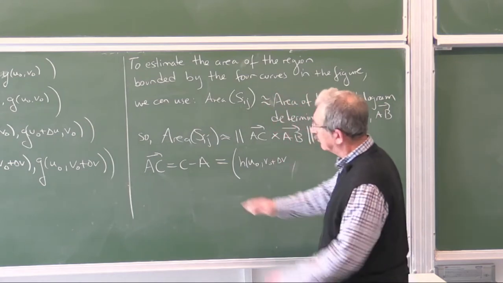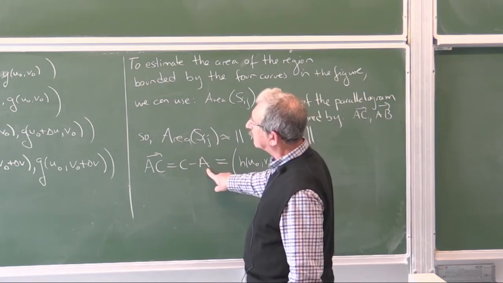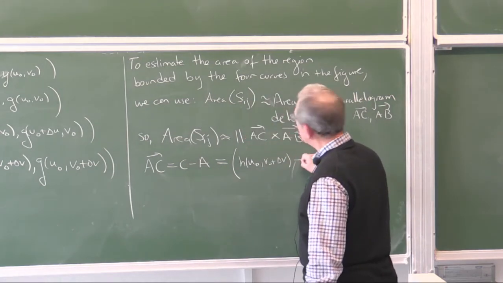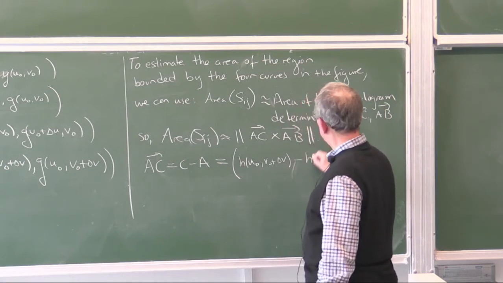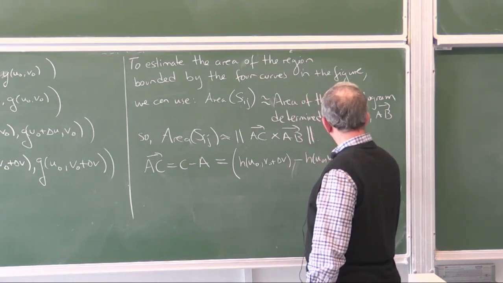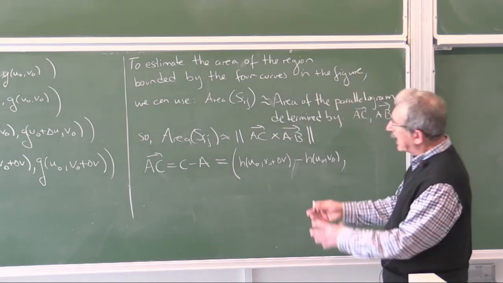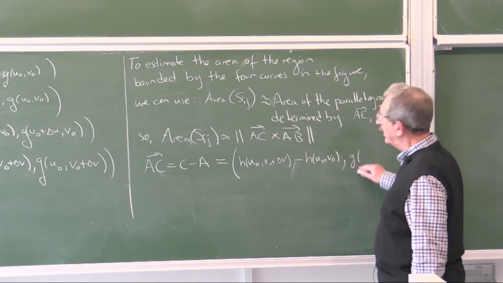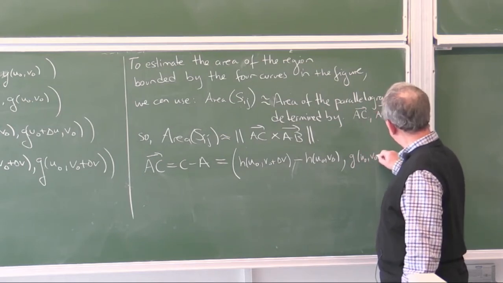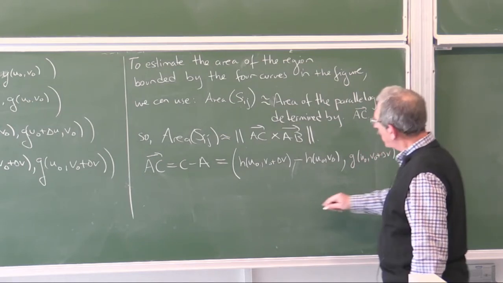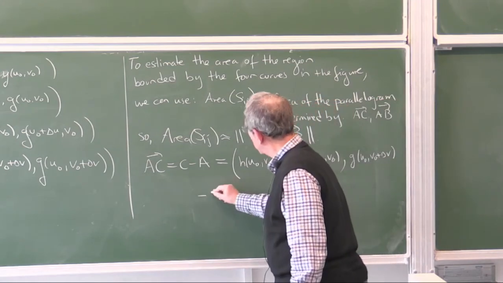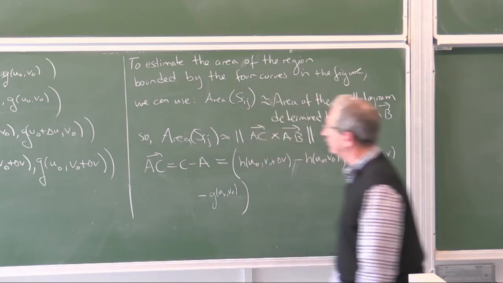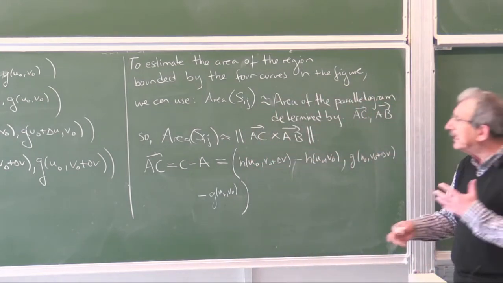Let me do the operation. Subtract the first component of A, minus h(u0, v0). And the second components of C and A would be g(u0, v0 plus delta v) minus g(u0, v0). This is exactly what C minus A is.